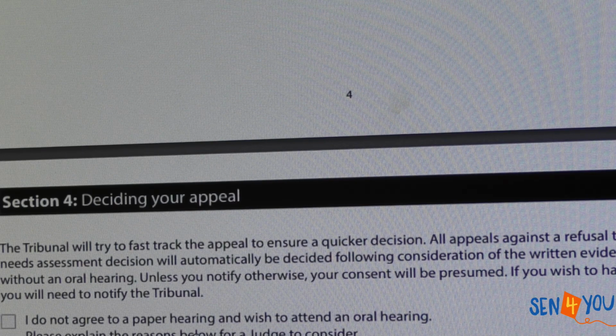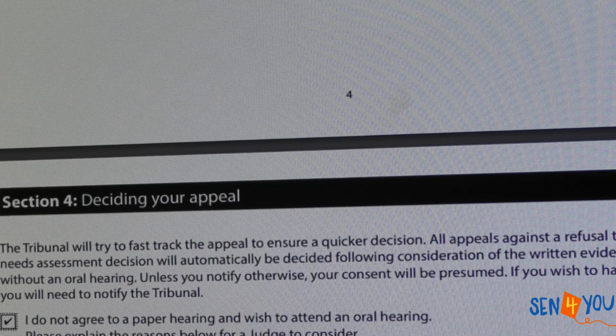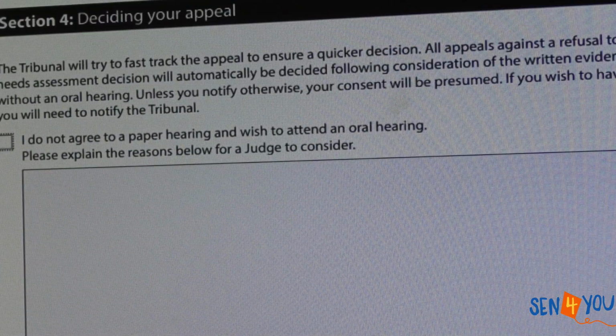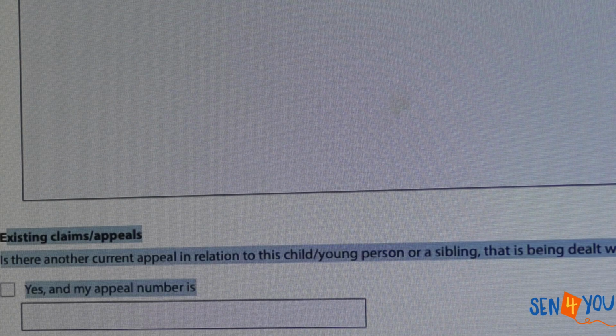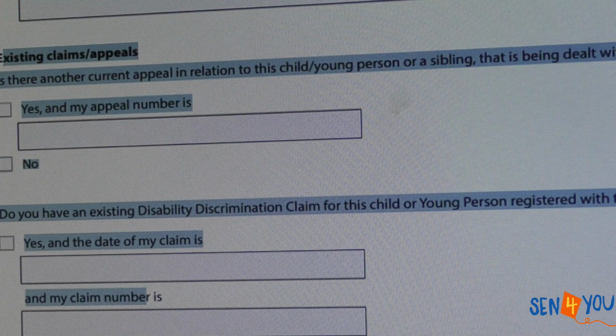In those circumstances, you set out here that you don't agree to a paper hearing and that you want an oral hearing, and you give your reasons here. Generally speaking, the tribunal will allocate an oral hearing. If you've got another claim going, that's where you provide the details here. Again, the reason for that is so that the tribunal can try and consolidate them.